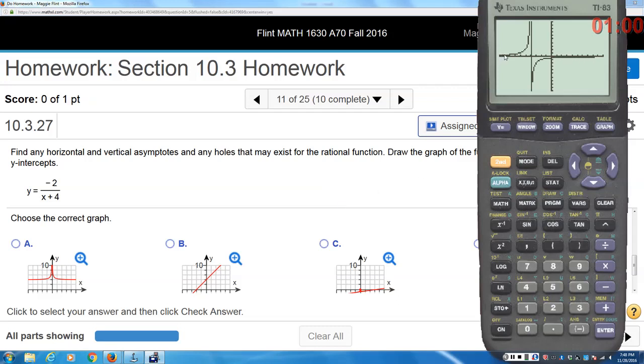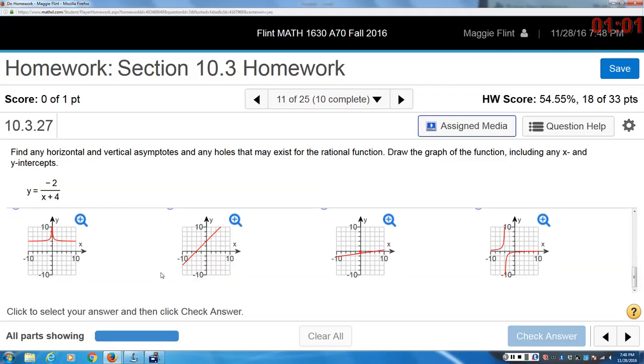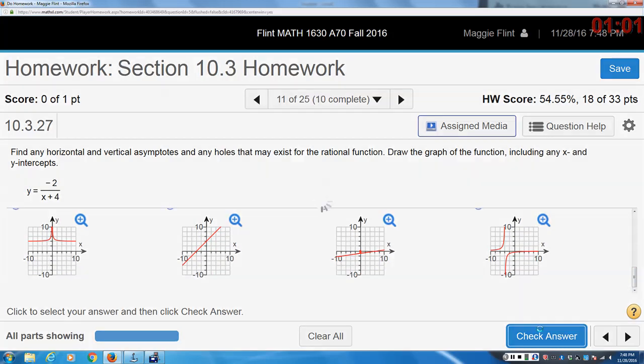And you see that it flattens down against the x-axis as you go out that way, but it also flattens against the x-axis as you go more positive. So that's what tells you D is the right answer for the graph.